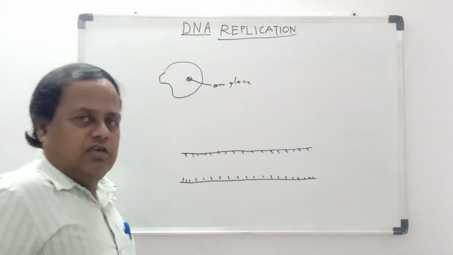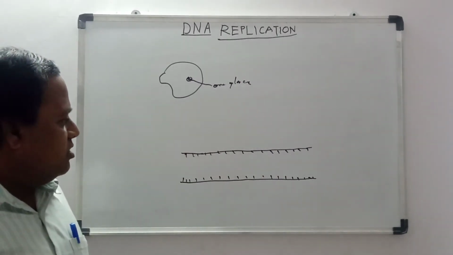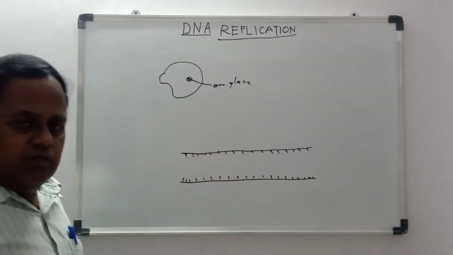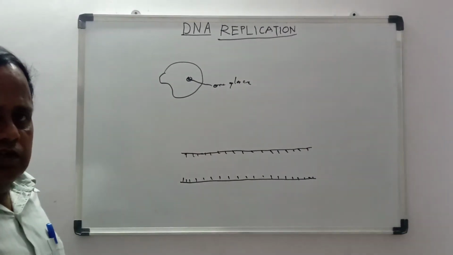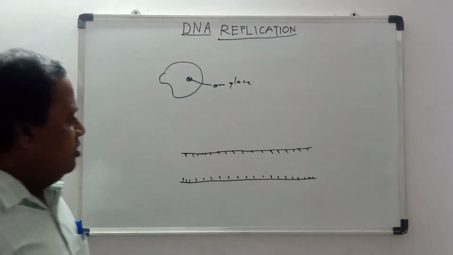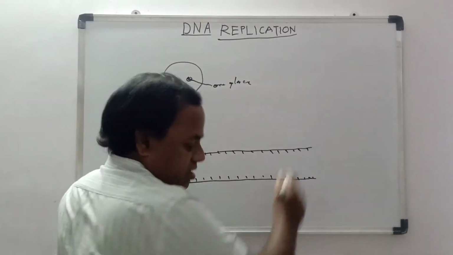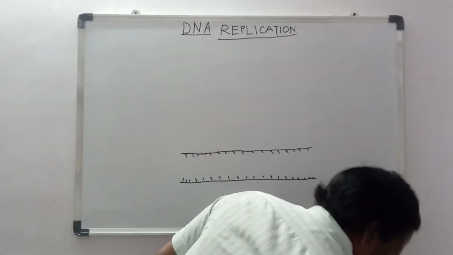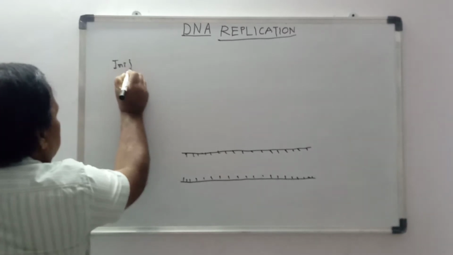It depends on the adenine-thymine sequence. As you know, adenine and thymine are bonded by a double bond, and guanine and cytosine are bonded by a triple bond. So it is very easy to break the double bond than the triple bond. So for this we require an enzyme called initiator protein.